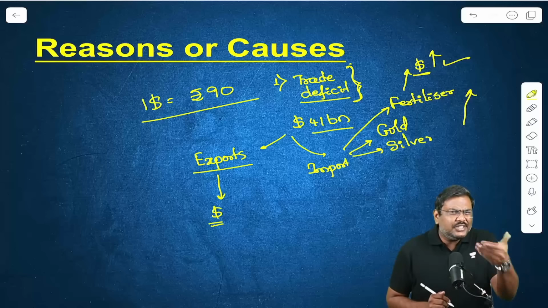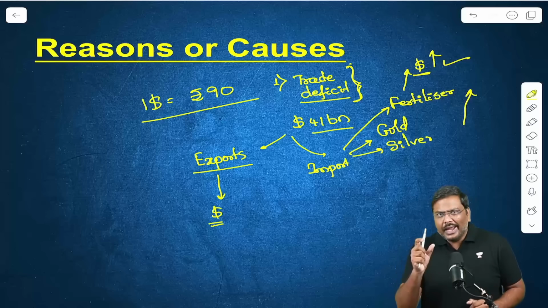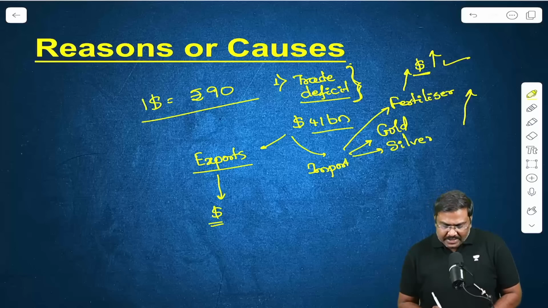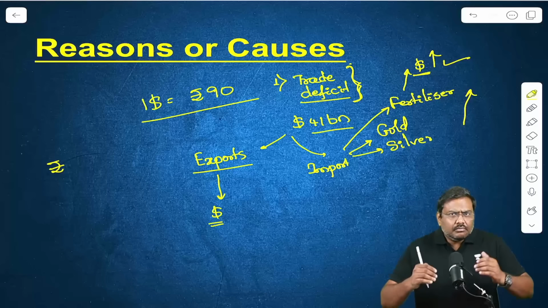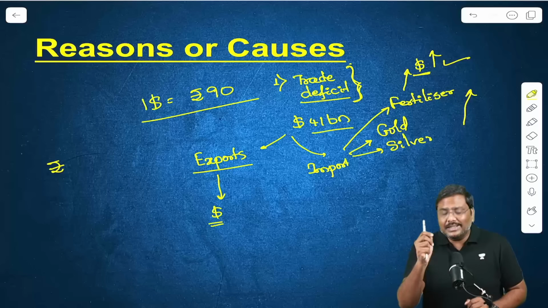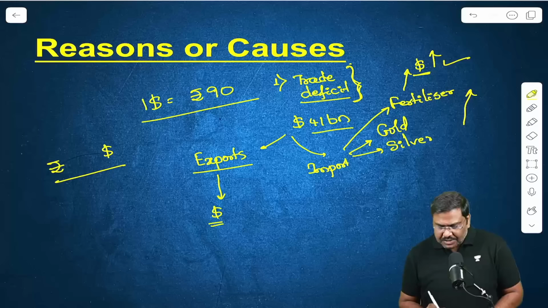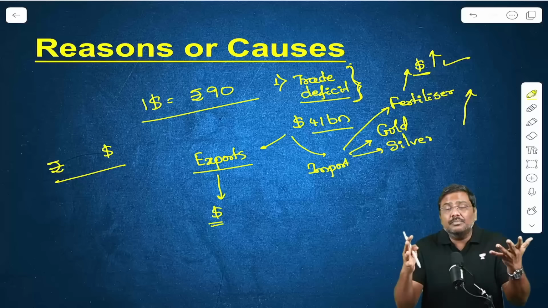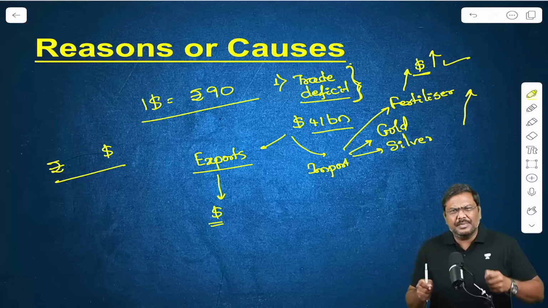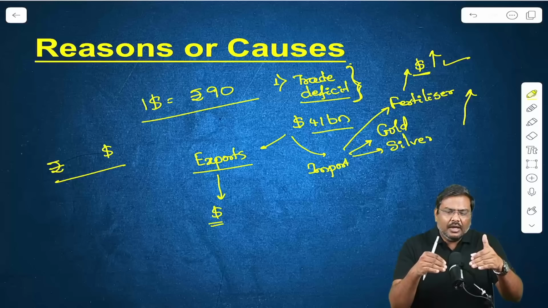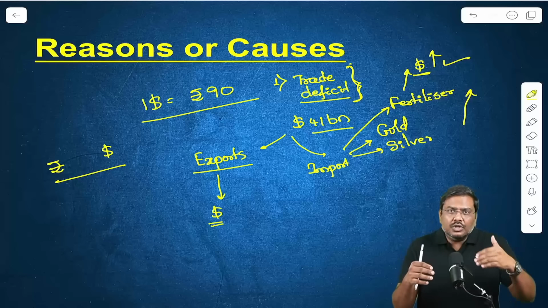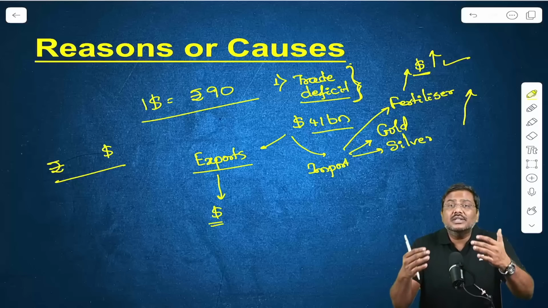And whenever there's a trade deficit, what is the meaning of it? In the forex market, rupees are being sold and dollars are being purchased. Again, I'm talking on net basis. Net basis in simple terms means at the end of the day, whether overall more dollars are being sold or more dollars are being purchased.